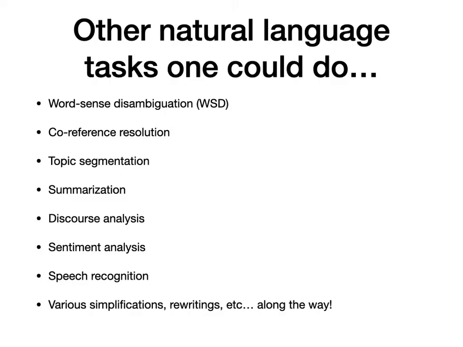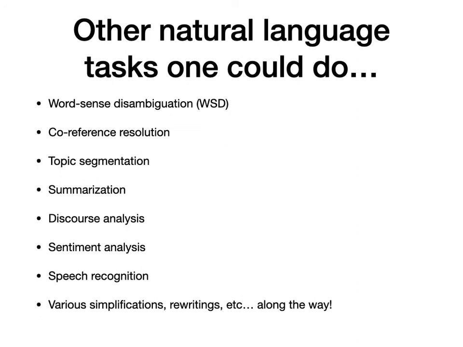So, just thinking forward, what are some other tasks we could do with natural language techniques like this, working with text? Word sense disambiguation, so figuring out what sense of a word someone was using, that could reach into some of this grammatical understanding. Co-reference resolution, so which things are being co-referred in sentences. Topic segmentation, so figuring out what the topic of a particular block of text might be. Summarization, we talked about a little bit already. Discourse and sentiment analysis, so analyzing, what are the elements of an argument?